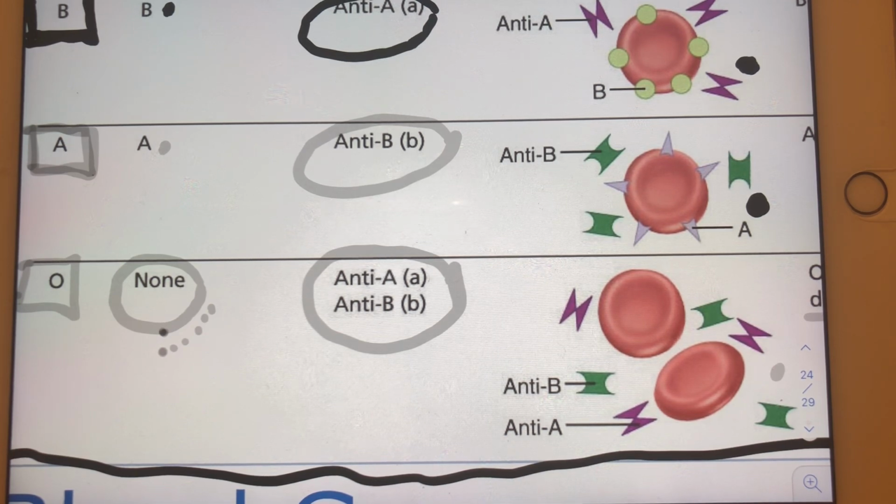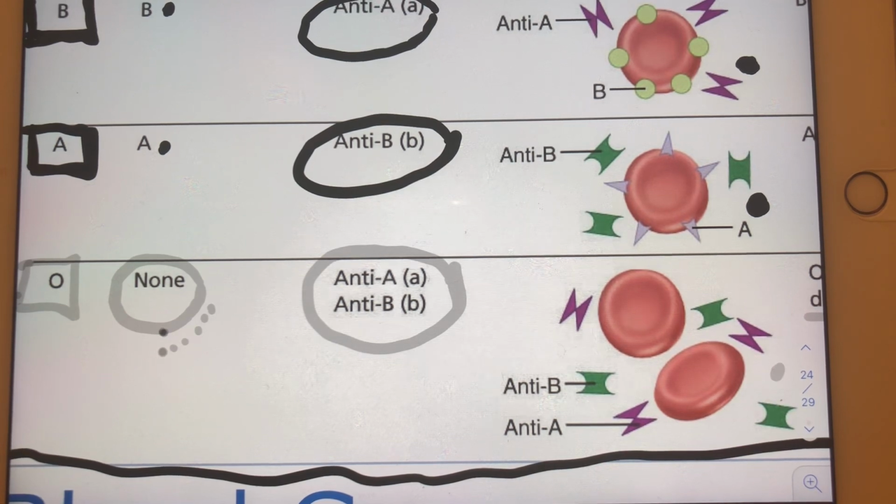This patient isn't going to generate anti-A antibodies, because they would then attack themselves, so we're not going to see that antibody. But because they don't themselves wear the type B name tag, they are going to make anti-B antibodies. Okay, this blood type is called type A.